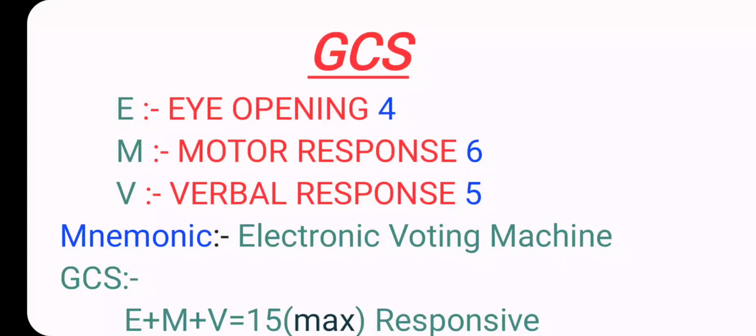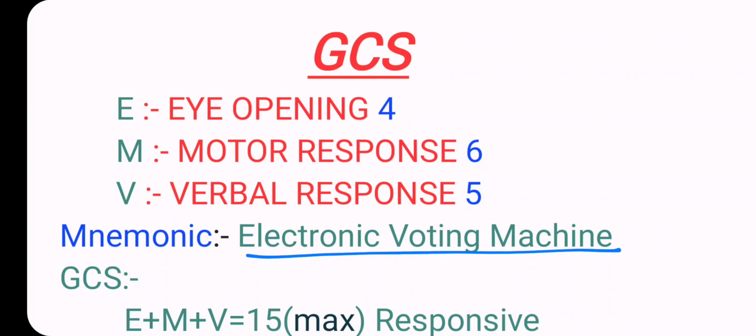The Glasgow Coma scale determines the level of consciousness of a patient having traumatic brain injury, drug overdose, stroke or encephalopathy, and is also called the severity of traumatic brain injury. This includes E, M, V. The mnemonic for this is electronic voting machine.